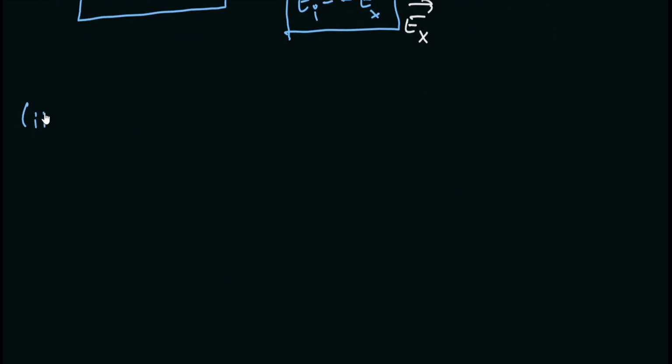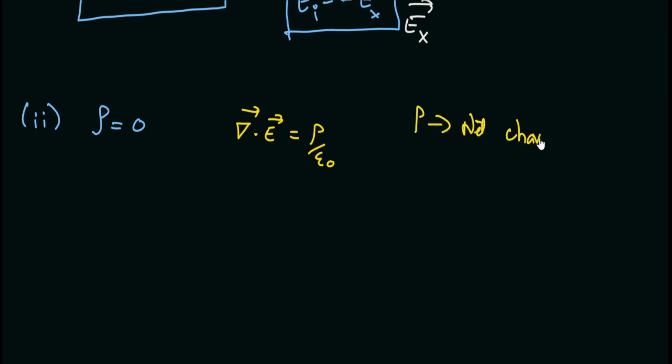Next, the net charge density inside the conductor is equal to 0. We can explain this in this way. Since we know that the divergence of the electric field is equal to rho by epsilon naught from Gauss's law, and rho here will be equal to the net charge density.